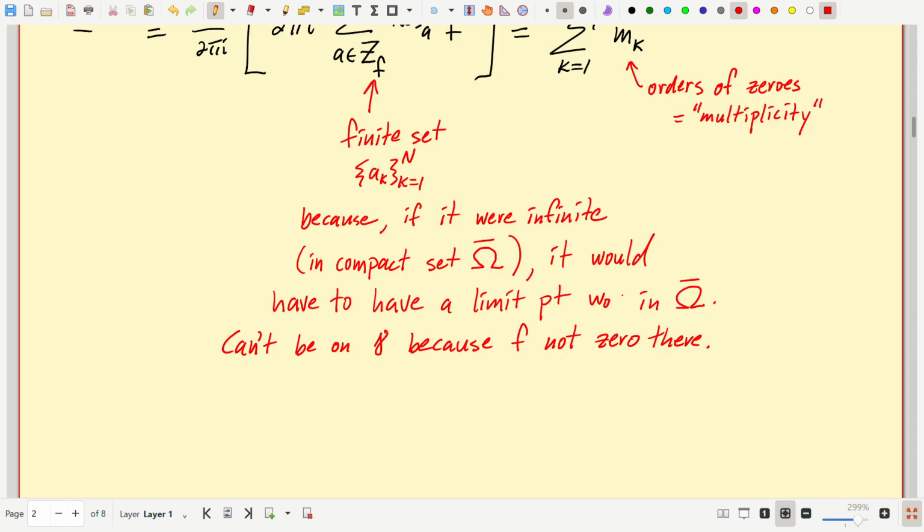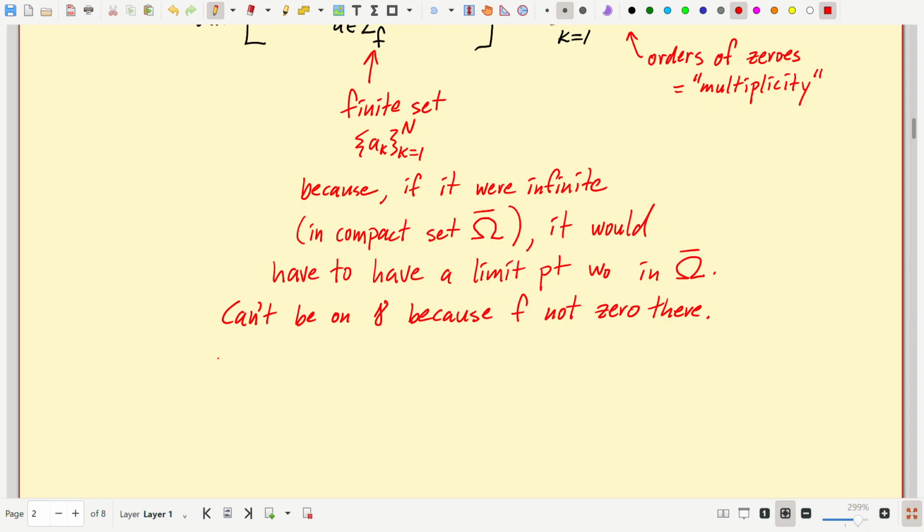It can't be on gamma because f is not 0 there.